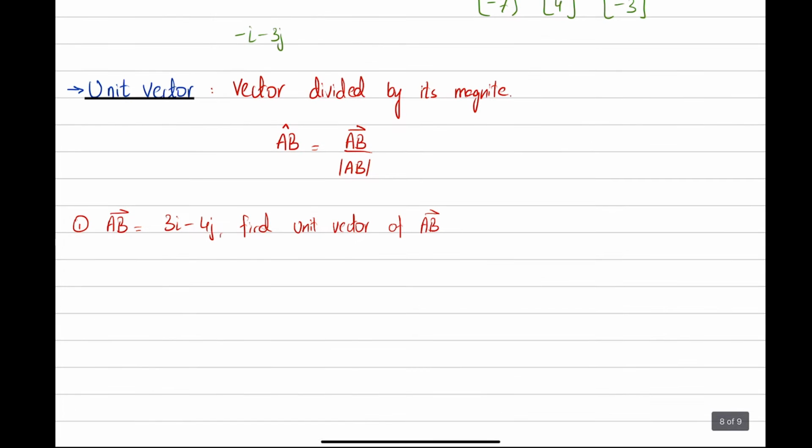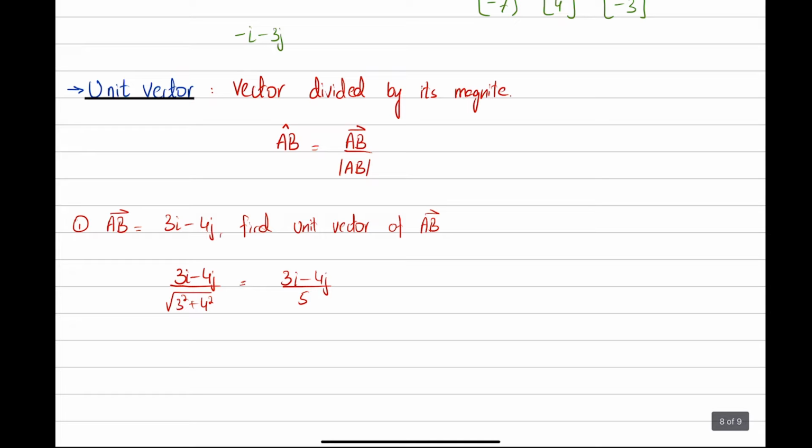So here's what you're going to do. 3I minus 4j divided by the square root of 3 squared plus 4 squared. Even though you'll do minus 4 whole squared, eventually it will become 4 squared. So then what you have is 3I minus 4j. 3 squared is 9, 4 squared is 16. If you sum up the two, you get 25, square root of which is 5.